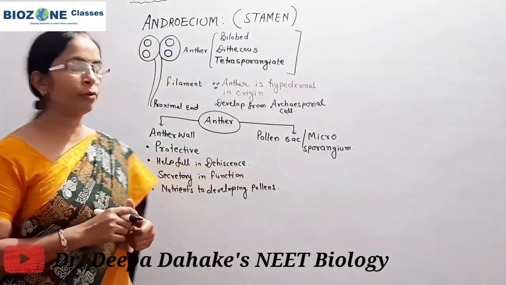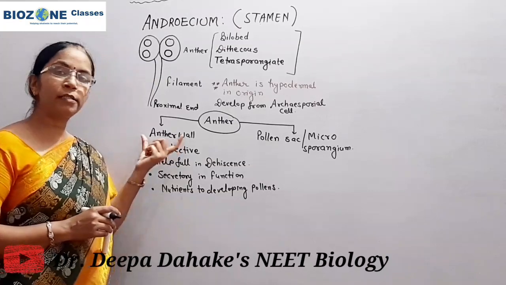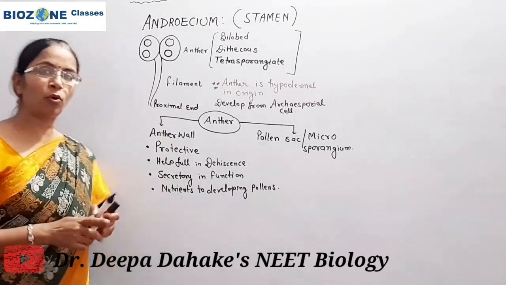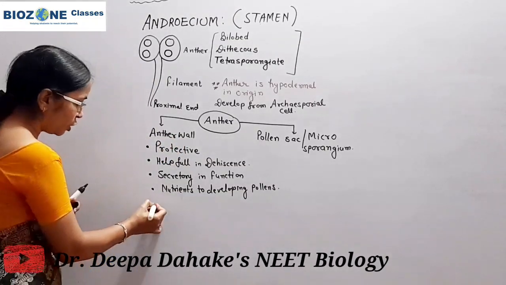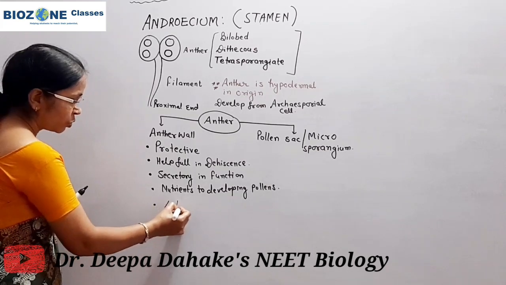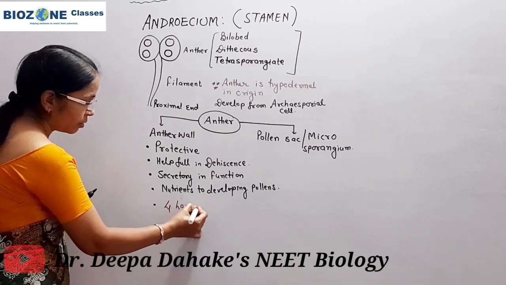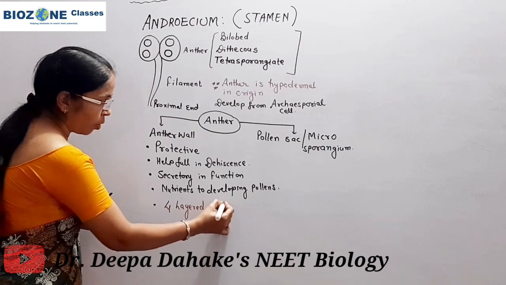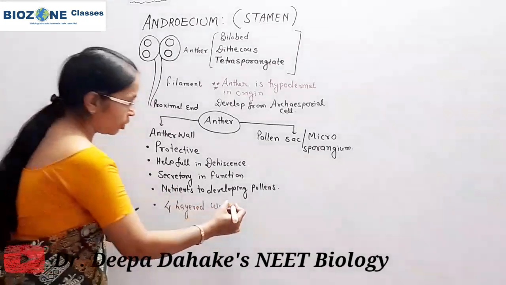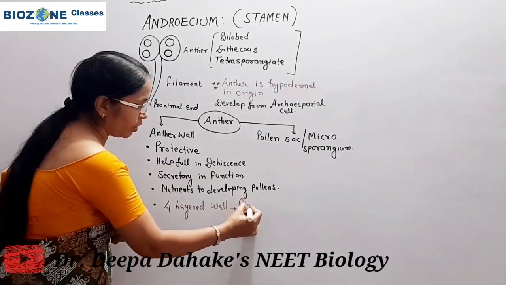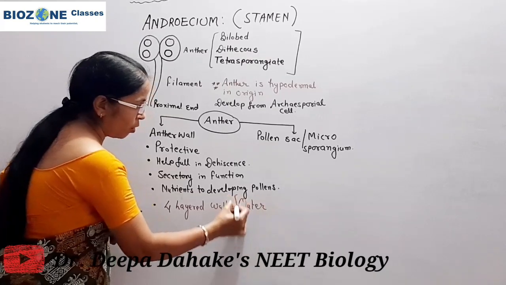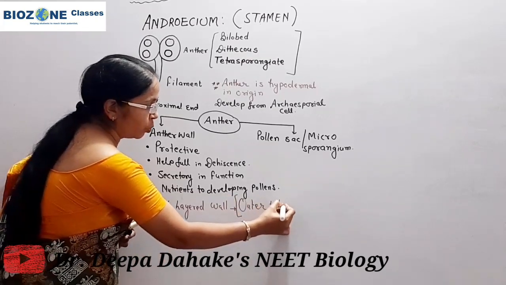Now the anther wall mainly consists of 4 layers. What is the arrangement of the 4 layers? Whenever we study the arrangement of layers, we always study from outer to inner.